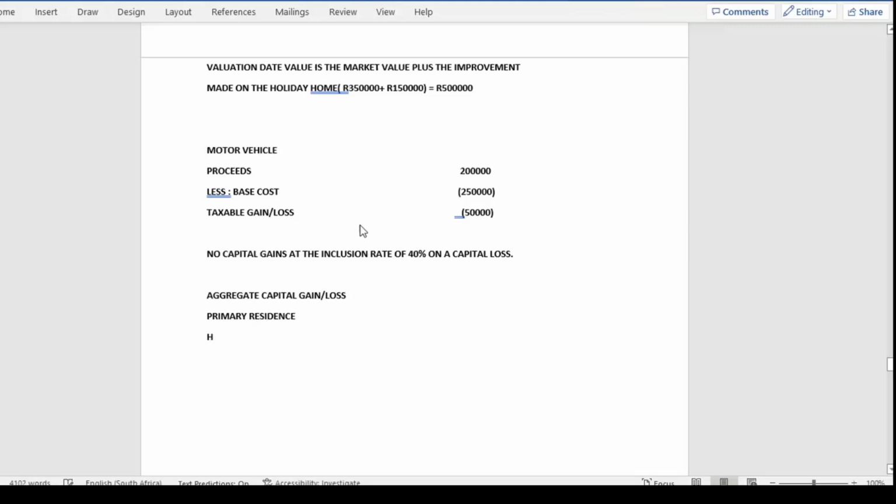The second one is a holiday home. The third one is the motor vehicle. Then you take all of these amounts. Here it's 50,000, which is a loss.